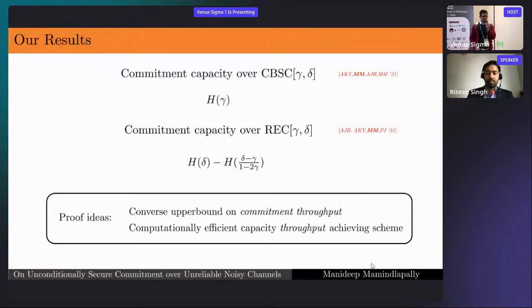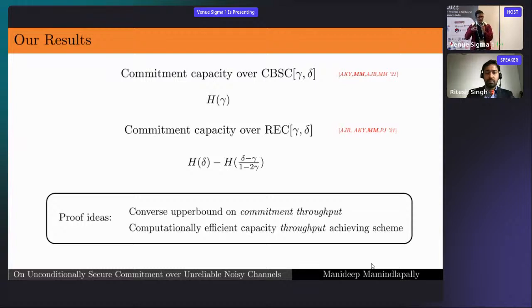The intuition is that we have this condition that gamma and delta are both less than half because they come from that interval. So in a compound binary symmetric channel, it's basically a BSC gamma plus delta. A series of channels can get instantiated starting with BSC gamma and ending with BSC delta.